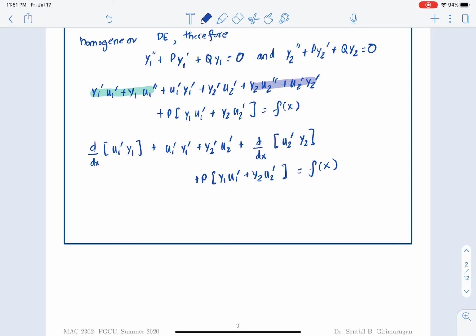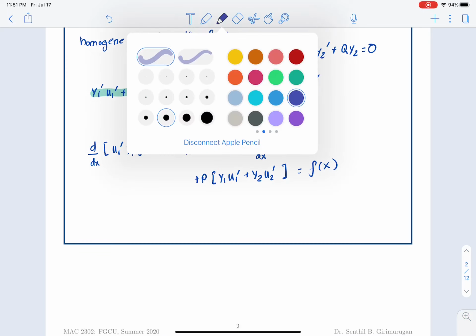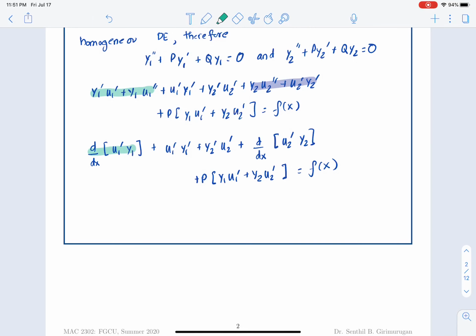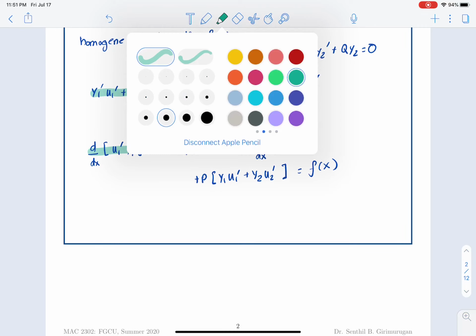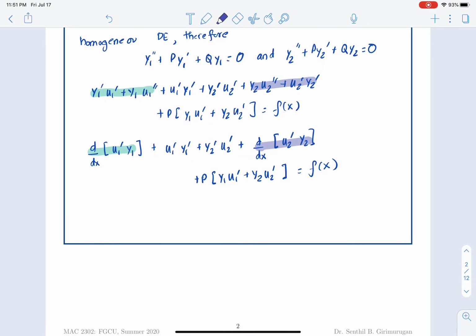We can combine. So what did I do? I simply did reverse product rule. If you apply product rule to this term, you'd get that term. So I just did product rule in reverse, same here. Product rule in reverse.